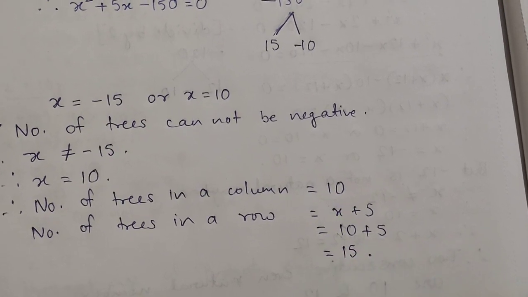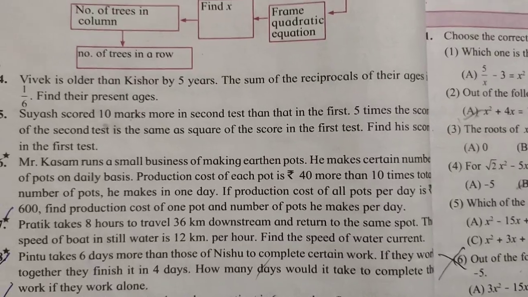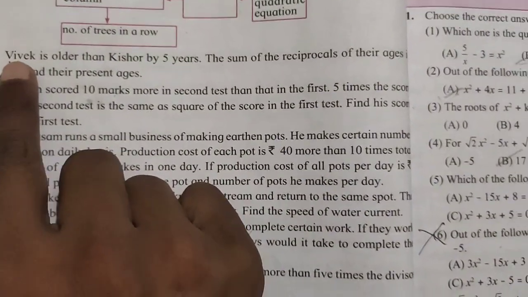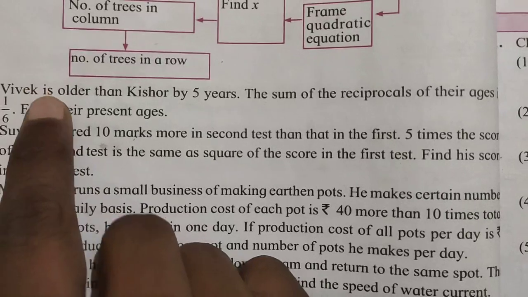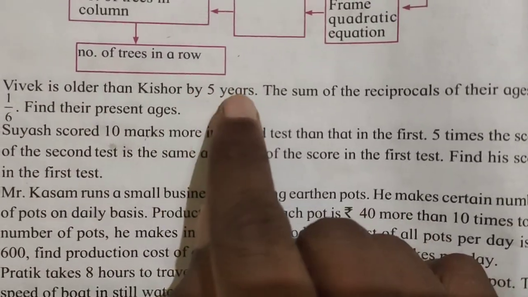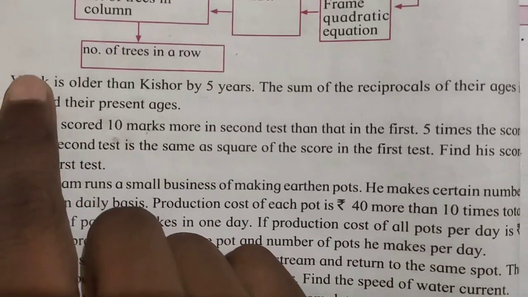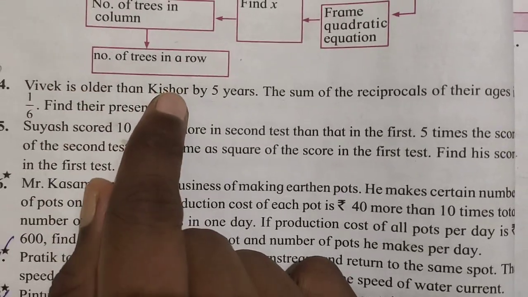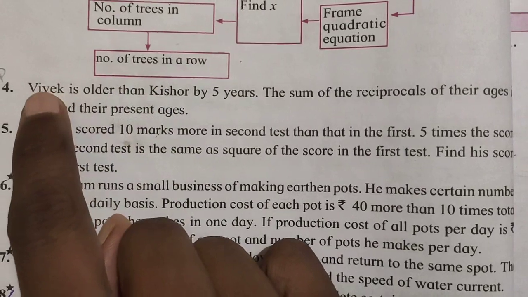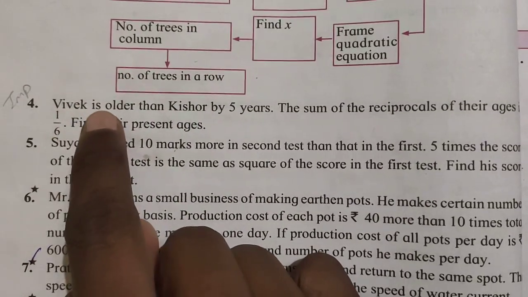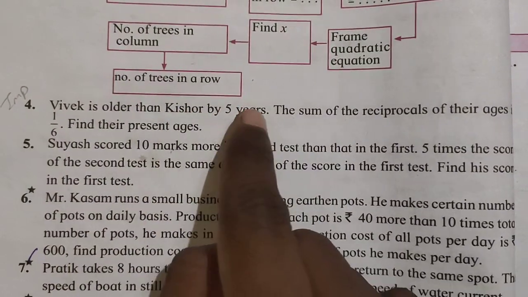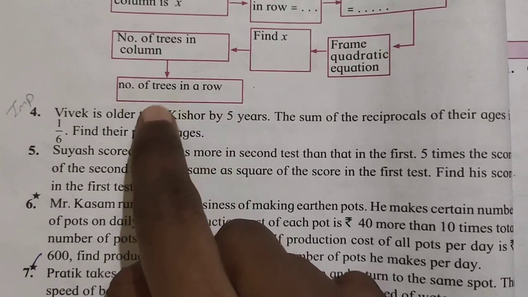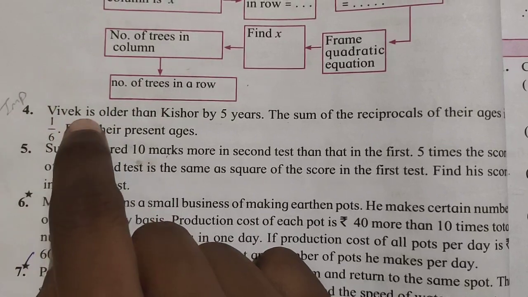Now let us see the fourth question. Okay, let us see question number 4. What is the question? Vivek is older than Kishore by 5 years. Now see, there are two persons. First one is Vivek and second one is Kishore. And what is said in this line? Vivek is older than Kishore by 5 years. Means Kishore is younger and Vivek is older.